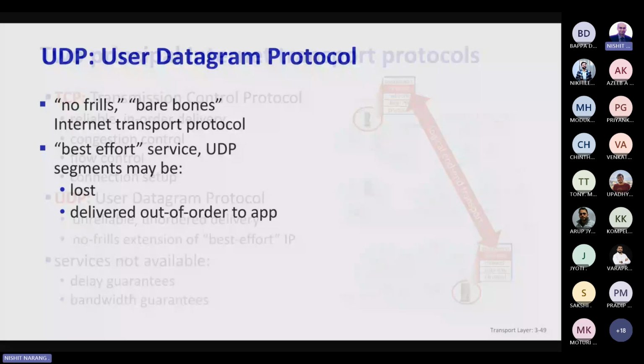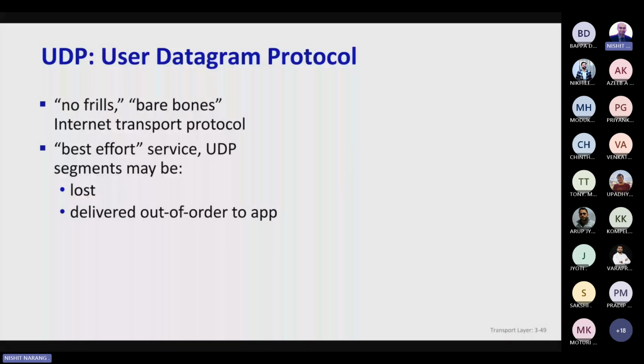It's also possible that because different segments go via different packets, and these packets may take different routes towards the destination, these segments may eventually be delivered to the application layer out of order. Okay? So all this is possible if you're using UDP. In which case, an application like MS Teams, which may be using UDP, has the responsibility of reordering packets at the application layer before making use of it. So all this responsibility falls onto the application layer because UDP would not do it.